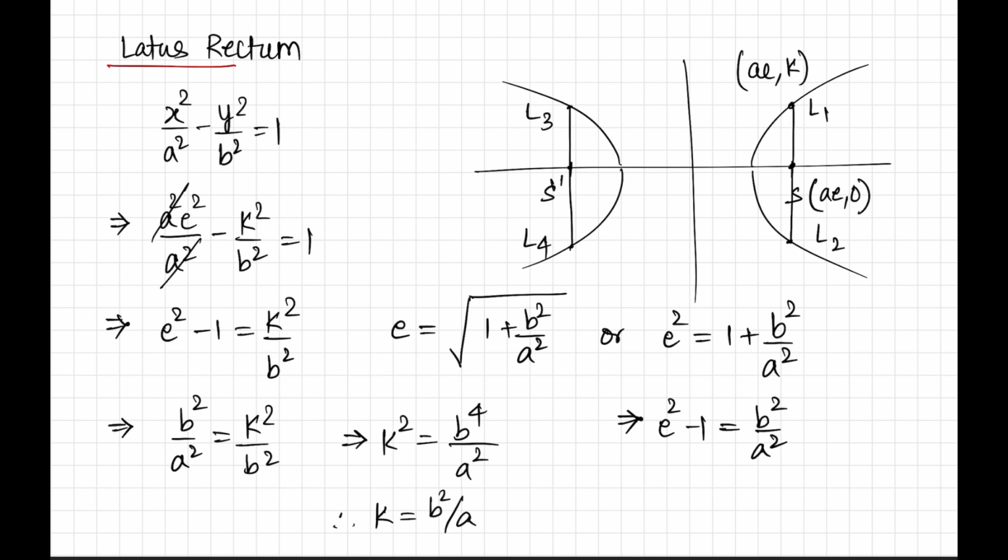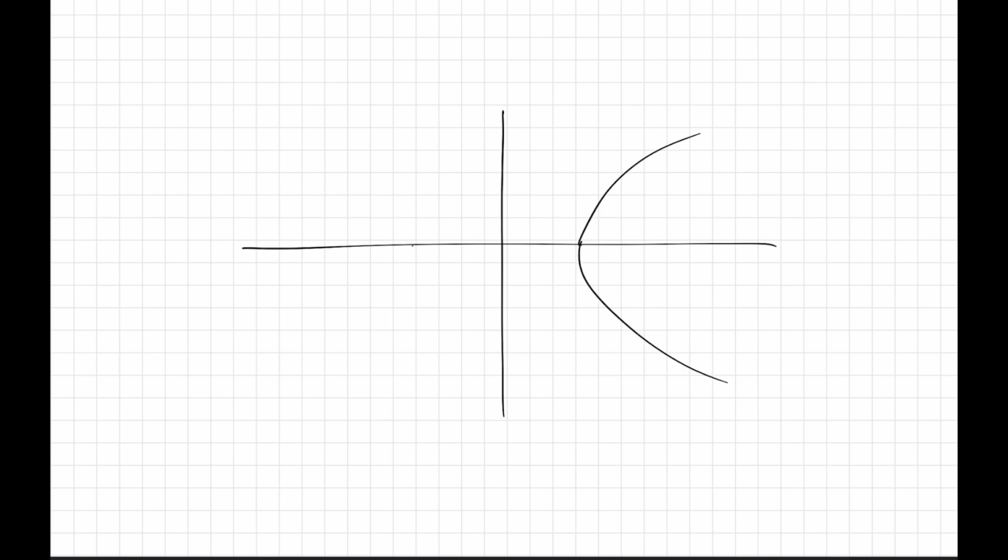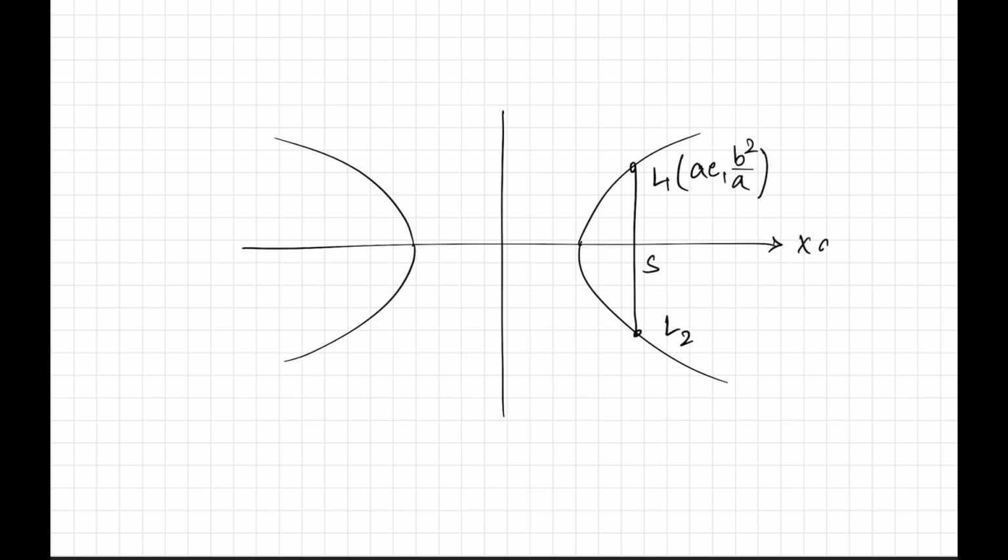Now, if we go to the next page and draw the diagram again, this is our hyperbola and this is our latus rectum. This is S, this is L1, this is L2. So now the coordinates of L1 are (ae, b square by a), and since this graph is symmetric about the x-axis, the coordinates of L2 we can write as (ae, minus b square by a).